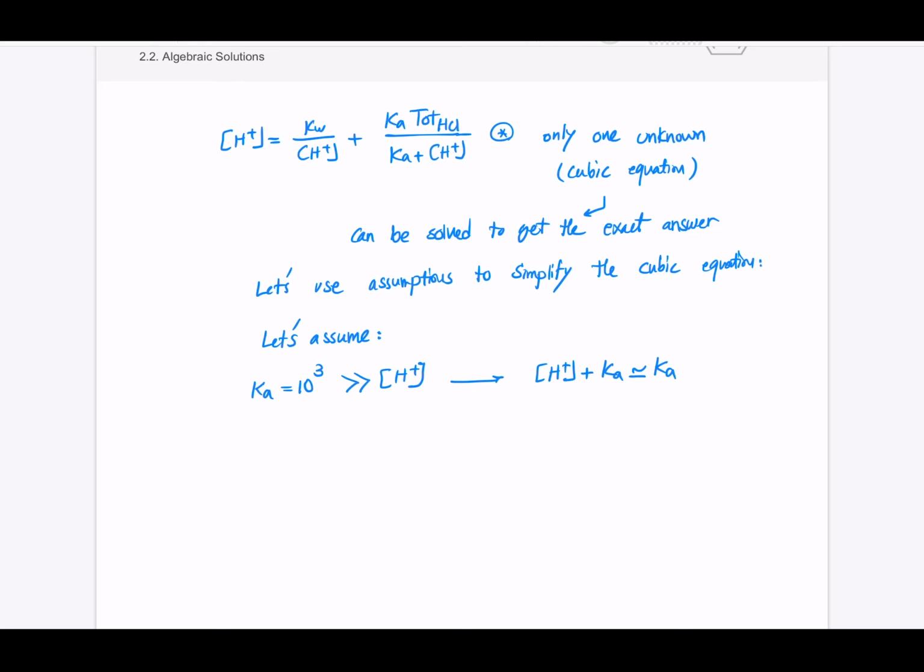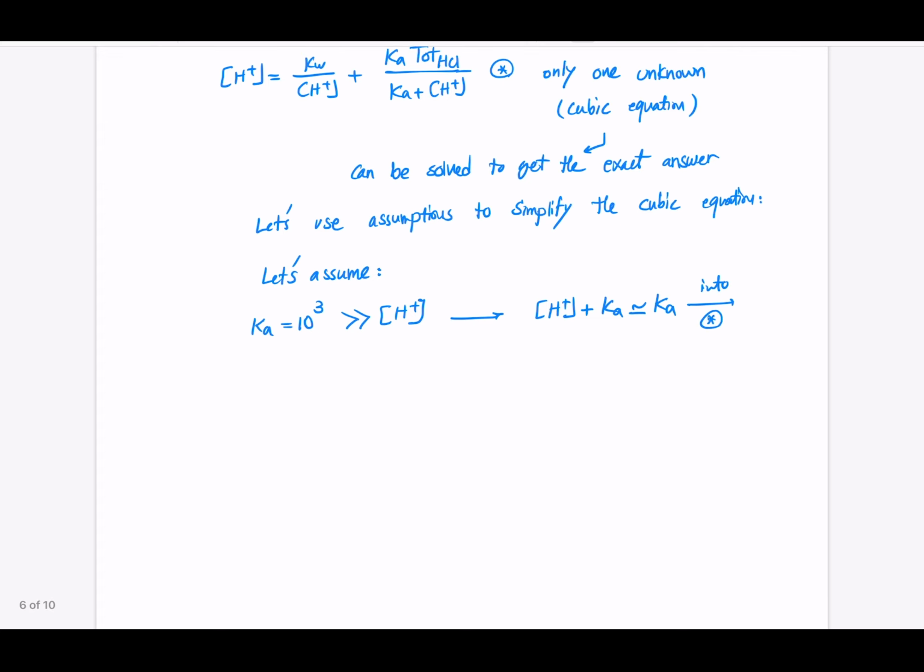So now we need to put this into that equation. Then basically we get H plus equals Kw over H plus, plus Ka times total HCl over Ka.